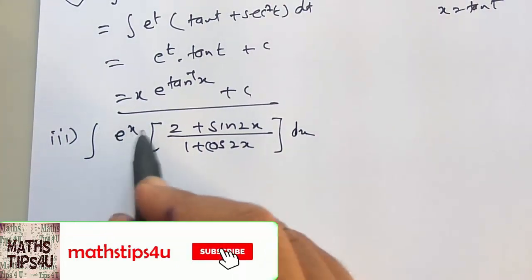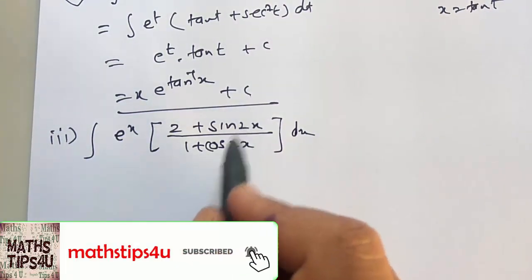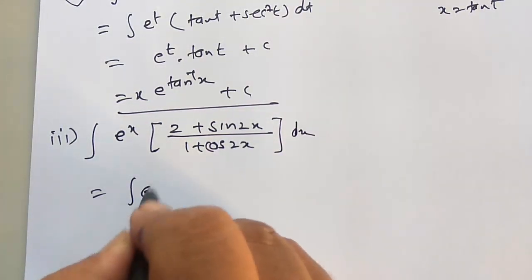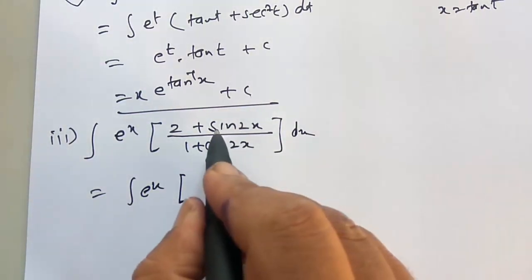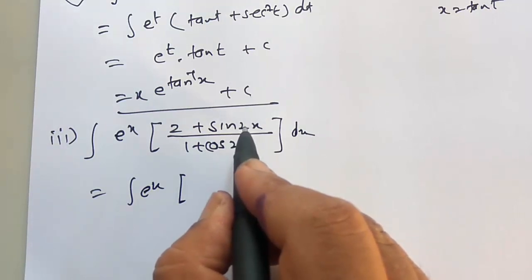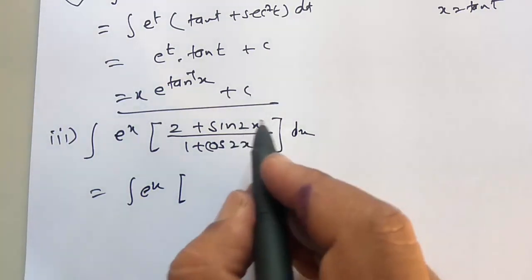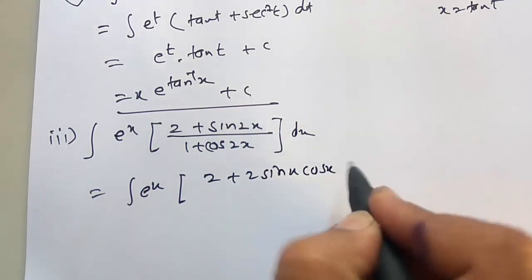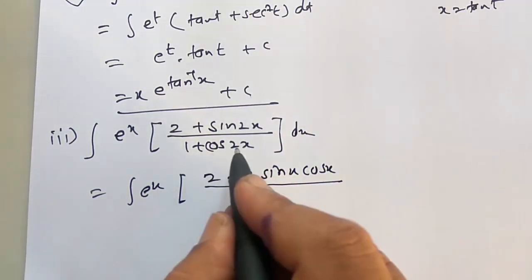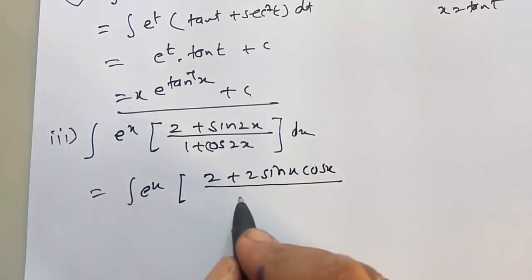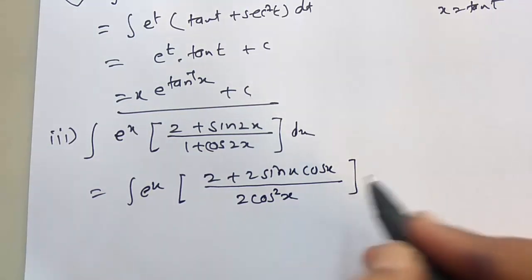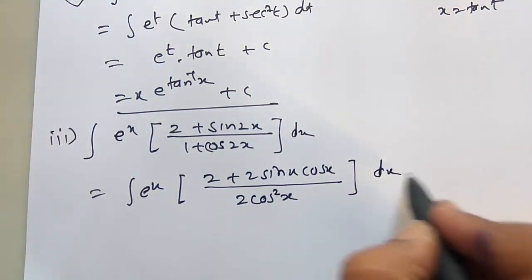Example: integration of e raised to x, 2 plus sin of 2x upon 1 plus cos of 2x. This is equal to e raised to x. For sin of 2x I can write 2 sin x cos x, and 1 plus cos 2x is equal to 2 cos square x, dx.